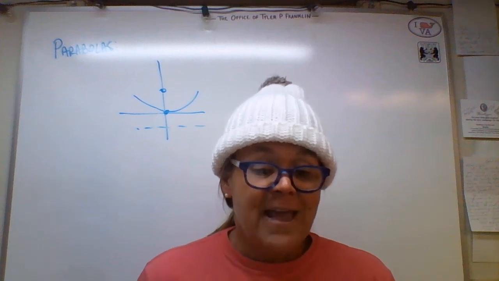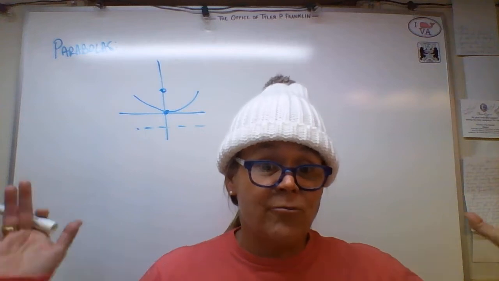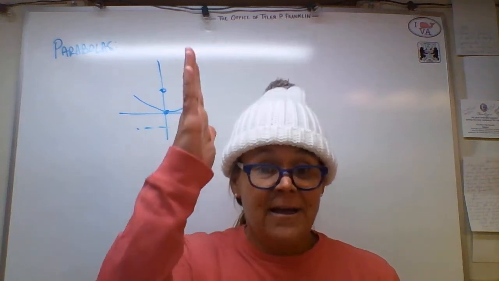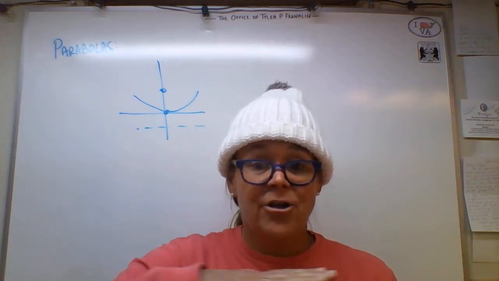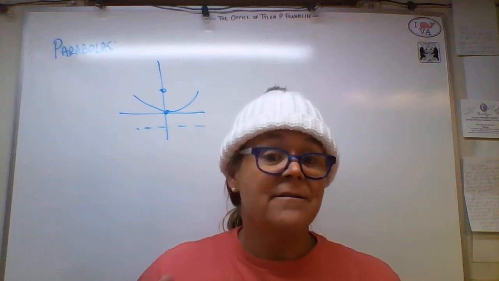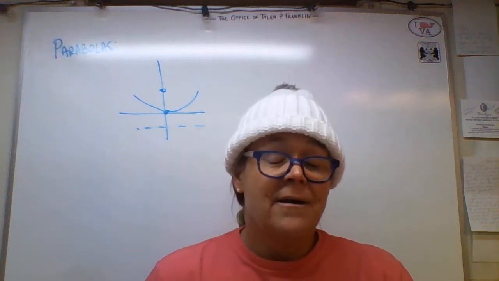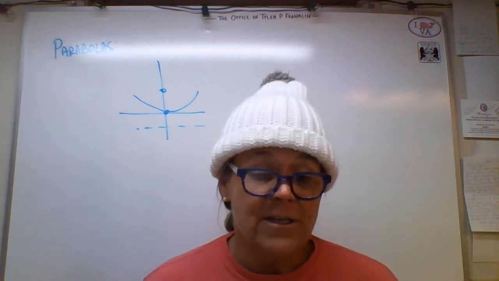The axis of symmetry, that is old too. If it's right side up or upside down, your axis of symmetry is vertical. If it's sideways, your axis of symmetry, the thing that splits that parabola into two equal mirror images, is going to be horizontal.